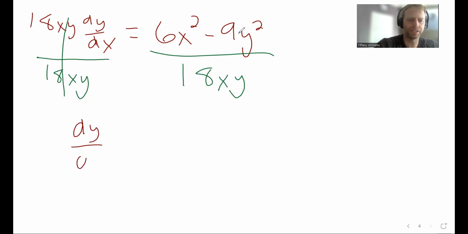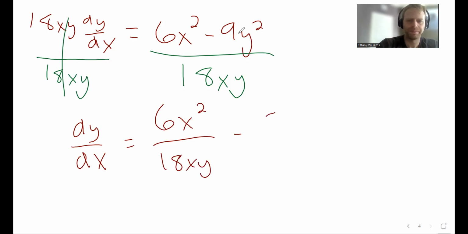And therefore dy/dx equals, so since it's a single term, I'm going to divide each term on the other side by that 18xy. So I'm going to split it up like this. So 6x squared over 18xy minus 9y squared over 18xy.